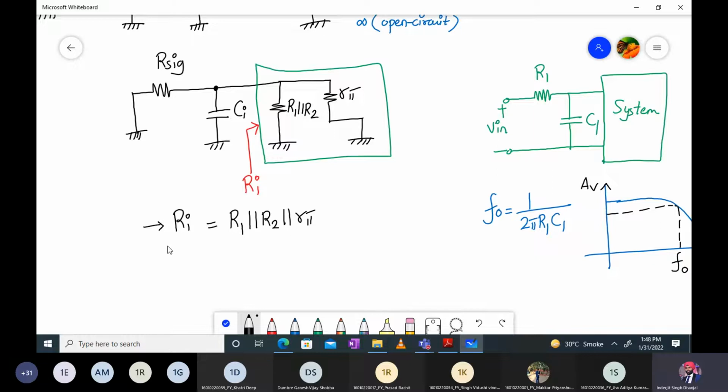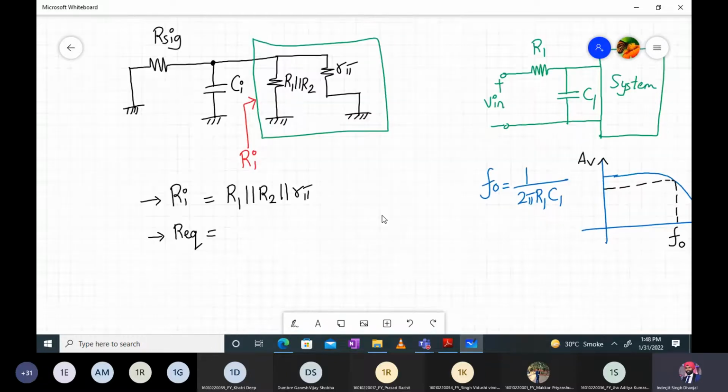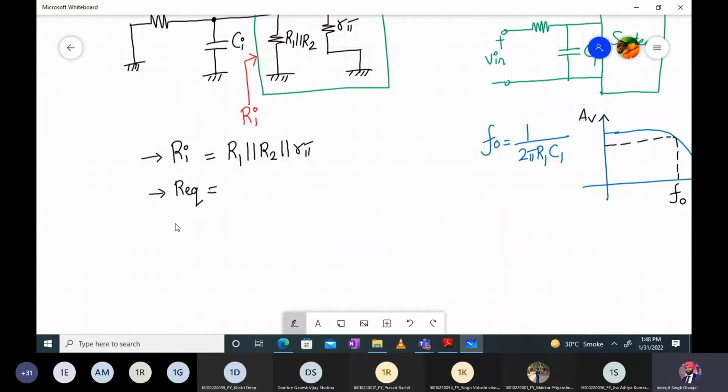Now next tell me what will be R equivalent, the equivalent resistance. Because ultimately we have to find FHI, right? So what is R equivalent? Come on. Is it R sig parallel to Ri or R sig plus Ri? I give you two options now. Someone please reply.